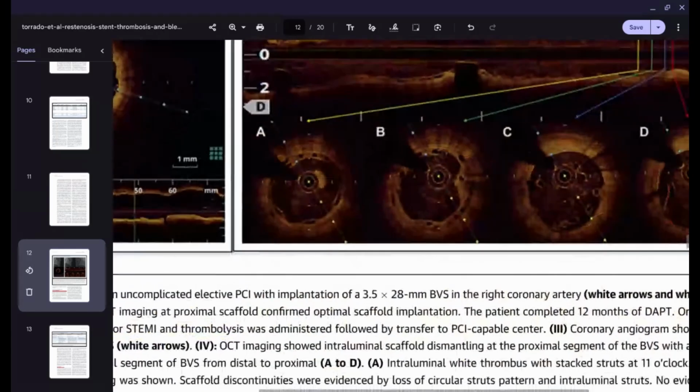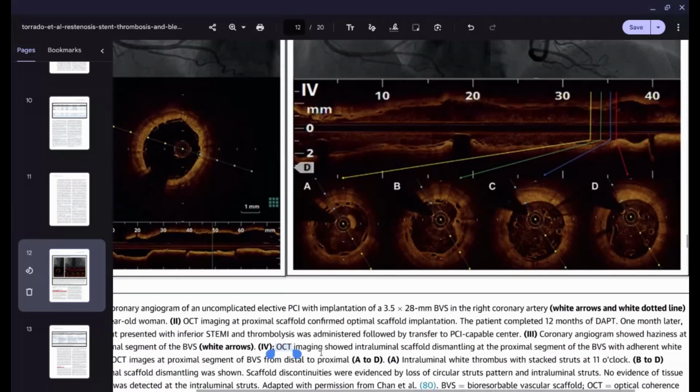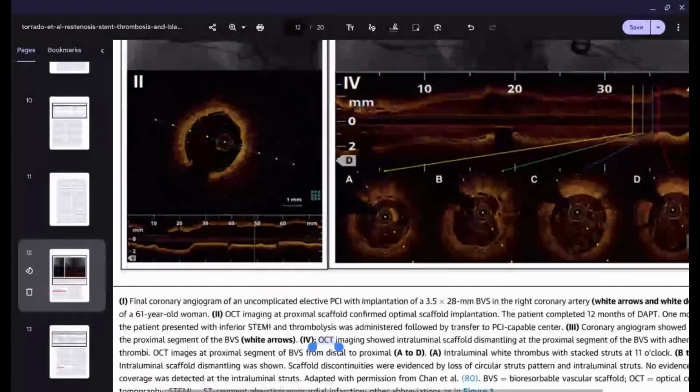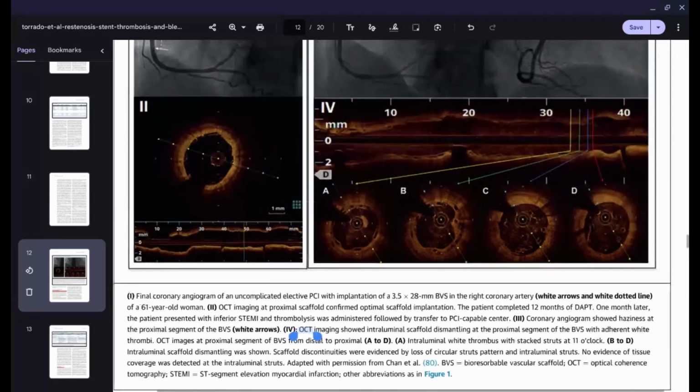Then this happens after some time. So this is late thrombosis after a couple of months, I suppose. Notice, after 12 months of DAPT, the patient completed 12 months of DAPT, and then 1 month later, so roughly in the 13th month, the patient presented with inferior STEMI.